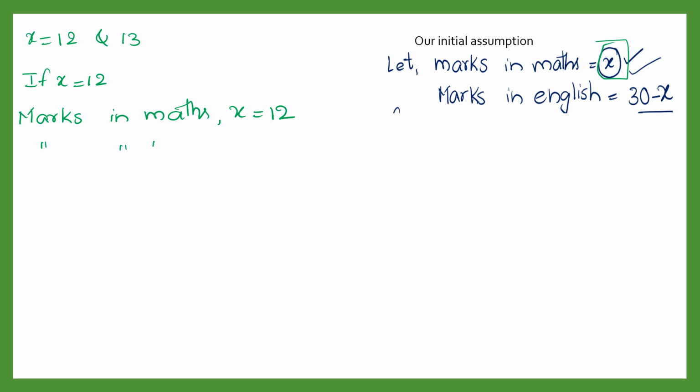Then marks in English will be 30 minus x. So 30 minus 12: 30 minus 10 is 20, 20 minus 2 is 18. So if marks in maths is 12, we will get marks in English as 18.